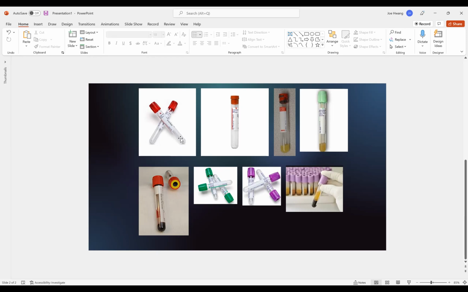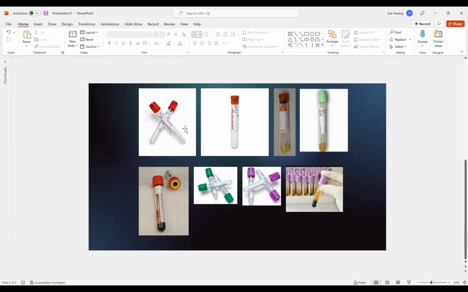All right. After you centrifuge it, since this is serum, do you need to pipette it off to a transport tube, or can you send it as is? Or are you calling Joe to ask?